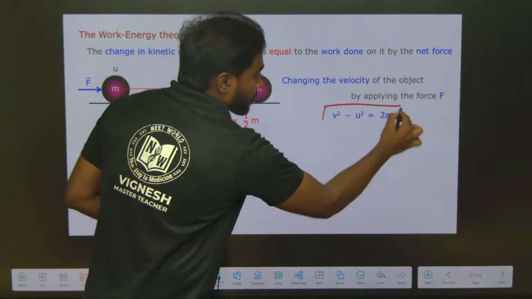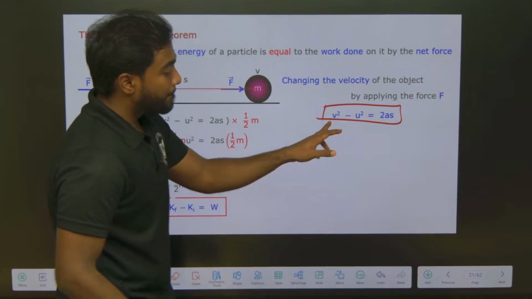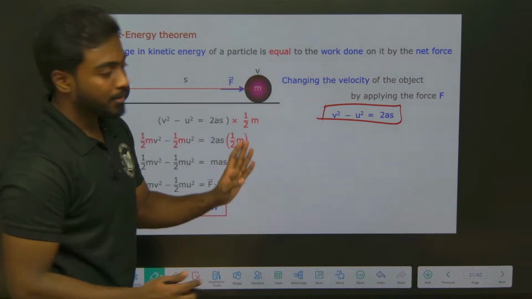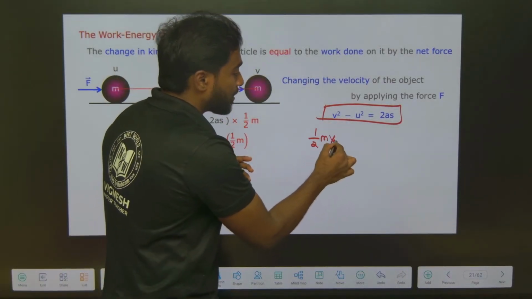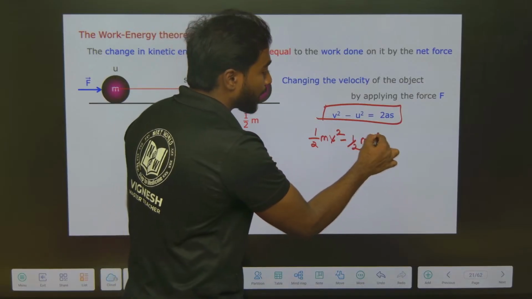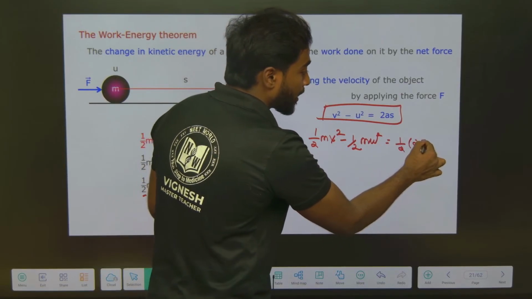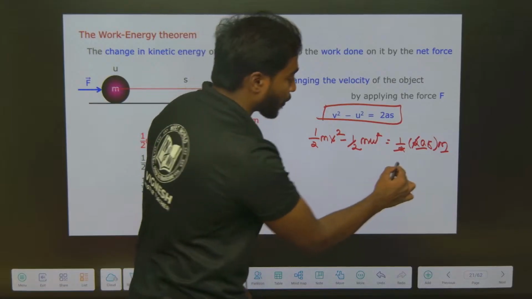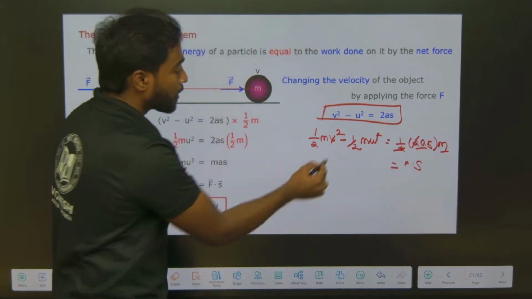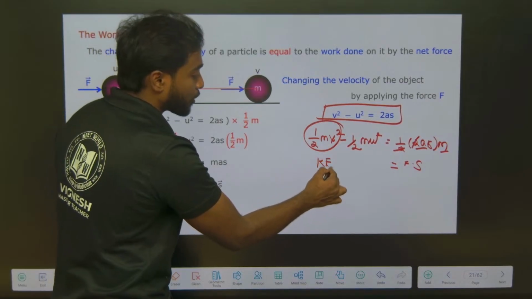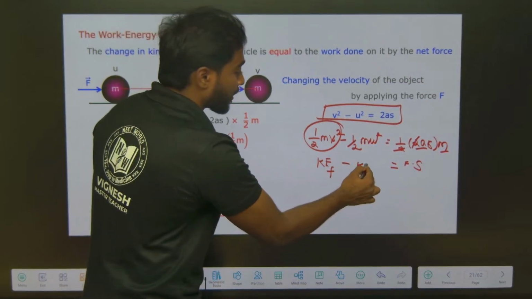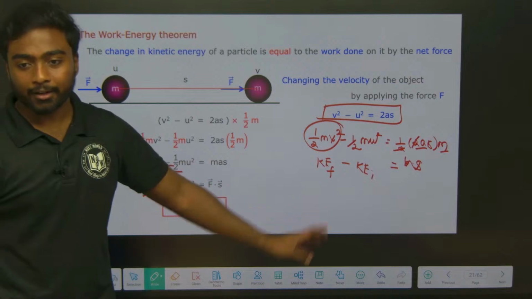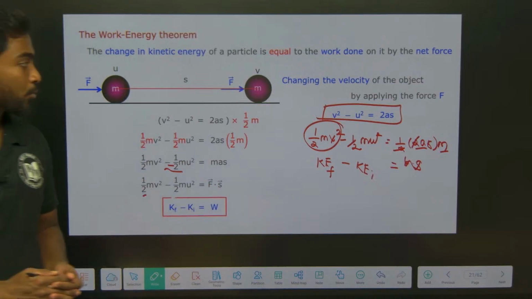To prove this, if I multiply 1 by 2 m on both sides, what will happen? 1 by 2 m v square minus 1 by 2 m u square equals 1 by 2 into 2 a s into m. Now 2 will get cancelled, mass into acceleration is force, no? So force into displacement is work done. Half m v square is the final kinetic energy, half m u square is the initial kinetic energy. So it is work done. So work done is nothing but change in kinetic energy. Okay, take it down.